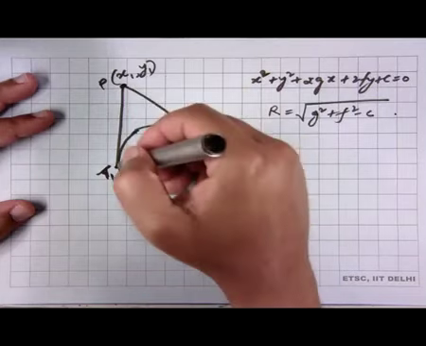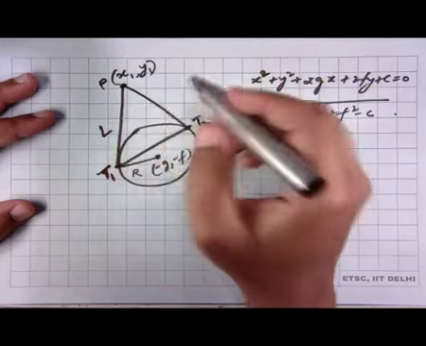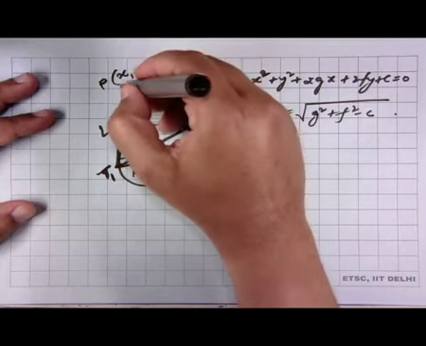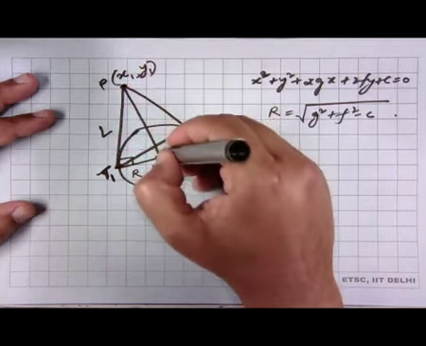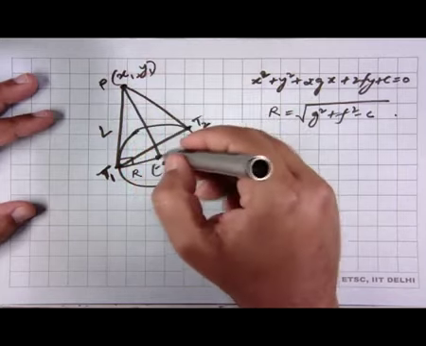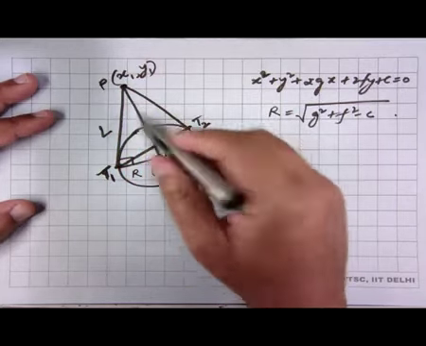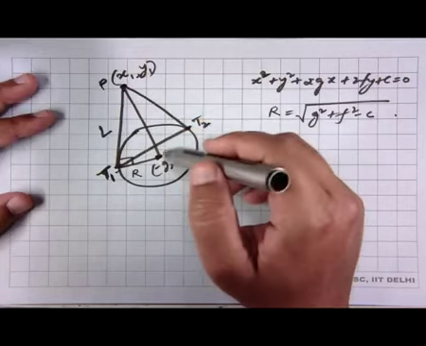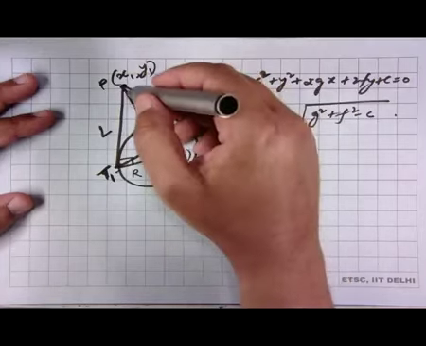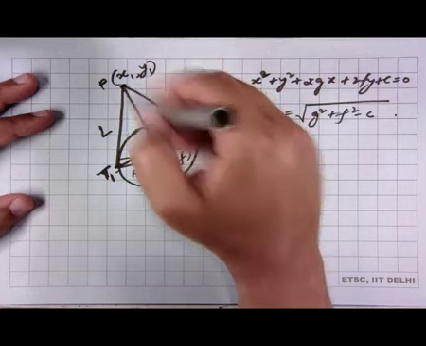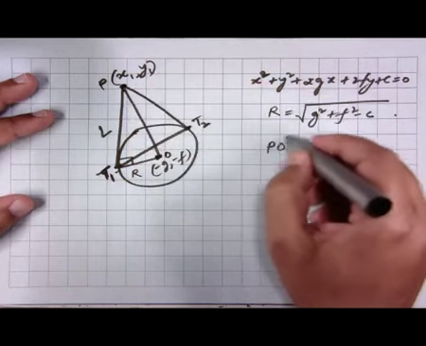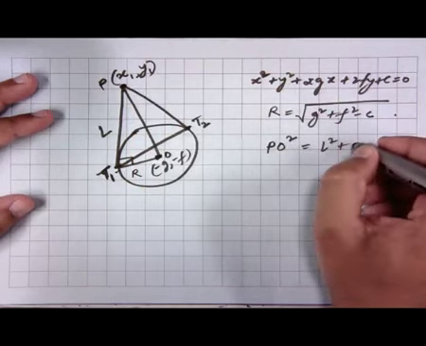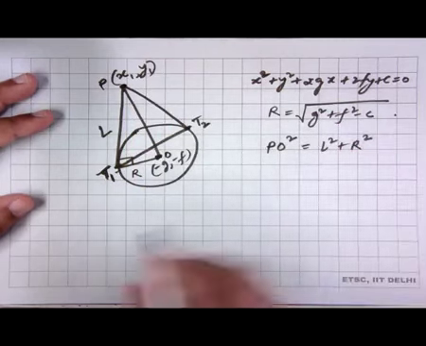The length of these tangents can also be found out, because we know that this is 90 degrees, and if we join P with the center O, then PT1O is a right angle triangle. Therefore, from the Pythagoras theorem we know that the squared distance PO is equal to L square plus R square.